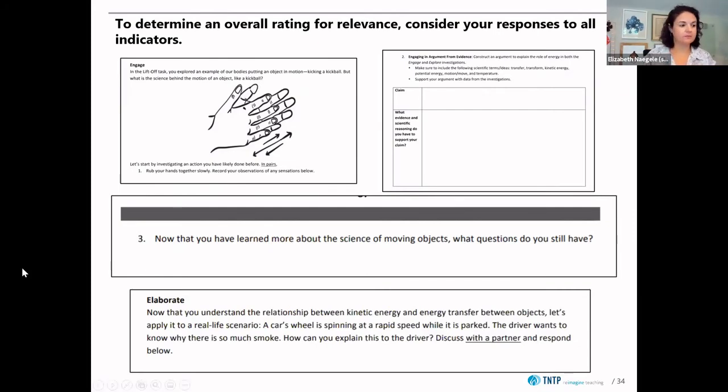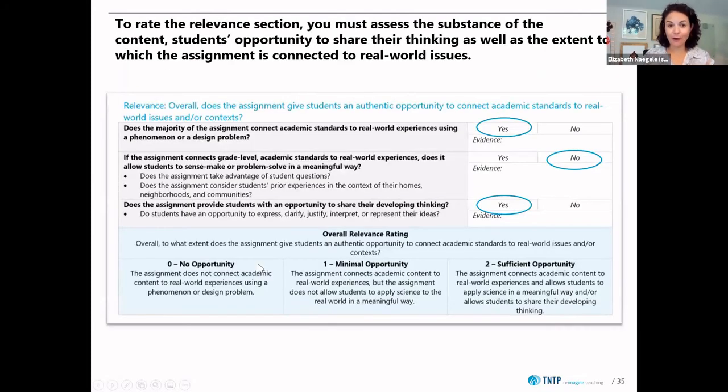So the loophole, though, is here. That actually still does earn a 2. This is the only one of the 3 indicators where if you don't get all of them, you can still earn a sufficient opportunity. So for a 1, a minimal opportunity, kids need to have access to the phenomenon, but they might not do the other 2.